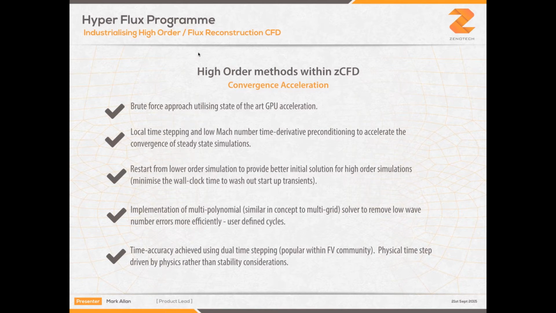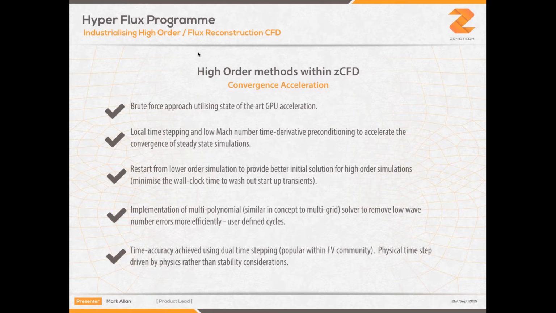First of all, we're trying to make use of GPU accelerators, so it's a bit of a brute force approach. For low Mach number cases, we also have implemented local time stepping and low Mach number time derivative preconditioning, which both help us to converge to a steady state.